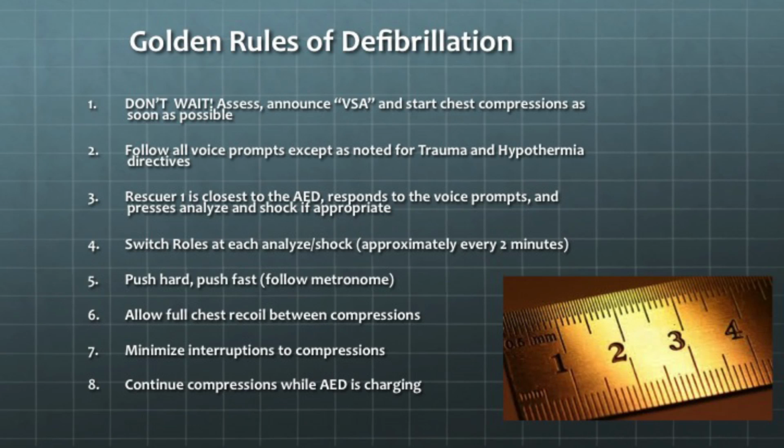Switch roles at each analyze or shock, approximately every 2 minutes. Push hard, push fast. Follow the metronome. Allow full chest recoil between the compressions. Minimize interruptions to compressions. Continue compressions while the AED is charging until it prompts you to press the shock button.